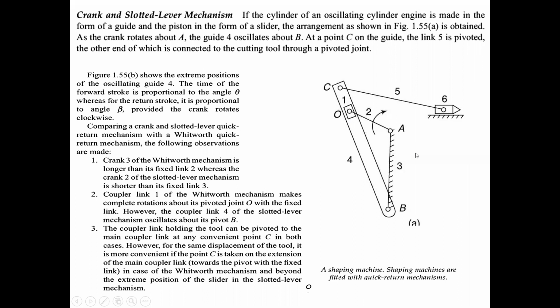The crank is link 2, and this one is the fixed link. So AB is acting as the fixed link. And the lever is taken as link 4. One end of the lever is fixed, and another end is attached to another link, link 5, another bar.